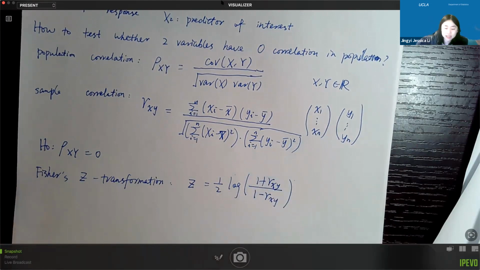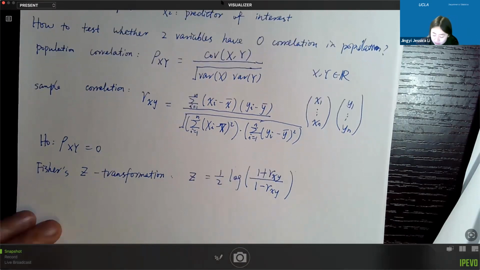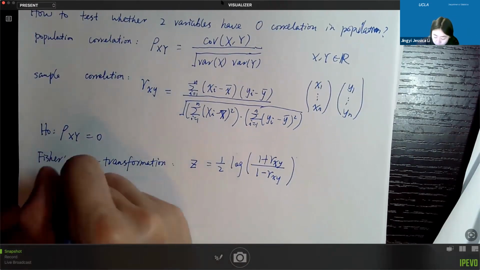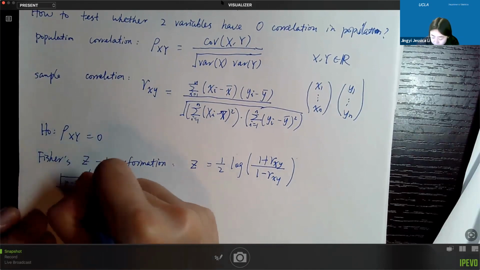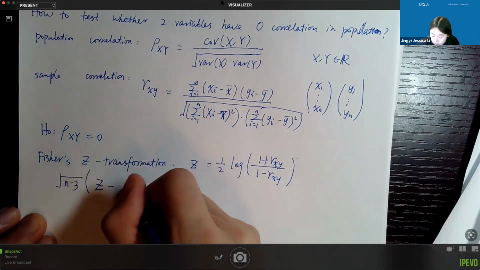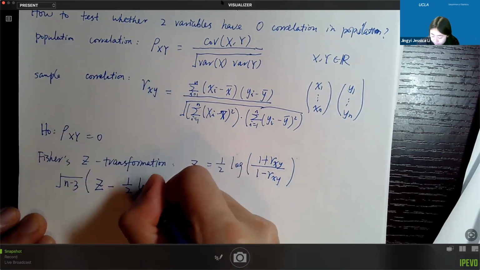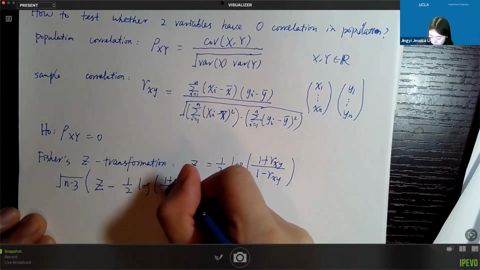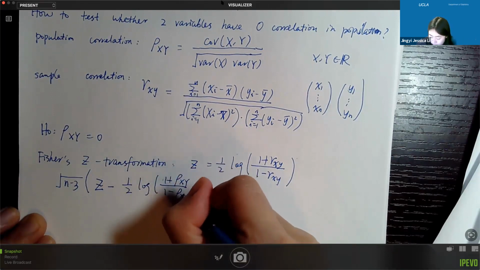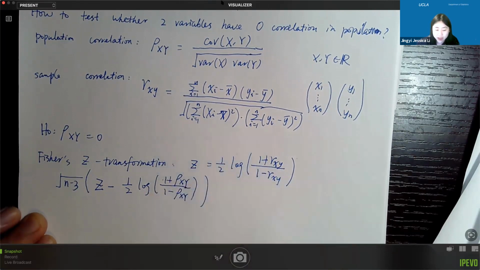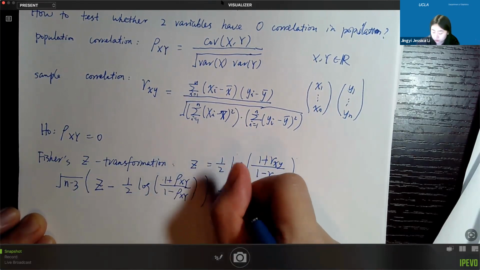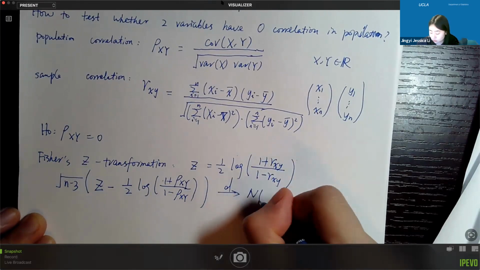Fisher showed an asymptotic distribution: root n minus 3 times (z minus 1/2 log of (1 plus rho xy) over (1 minus rho xy)), the same transformation applied to rho, converges in distribution to a standard normal.